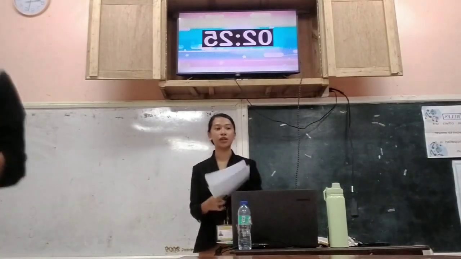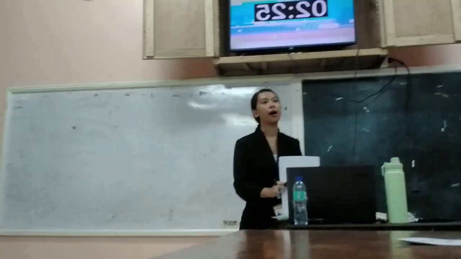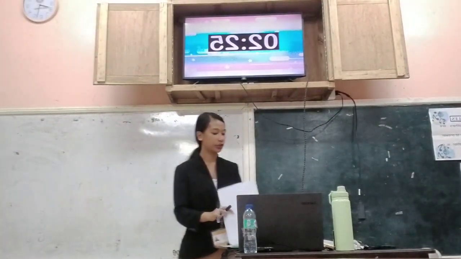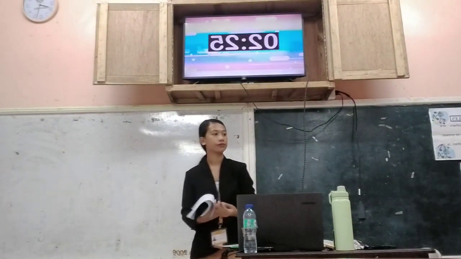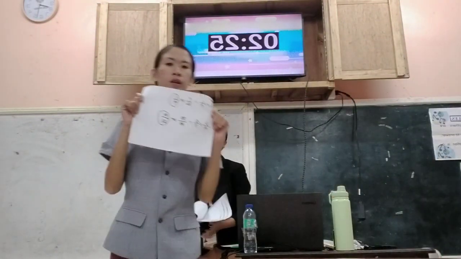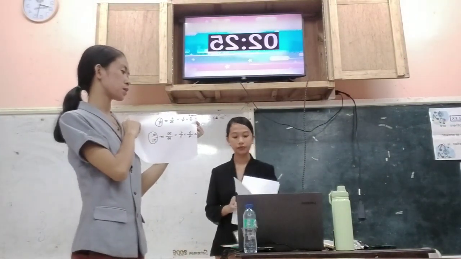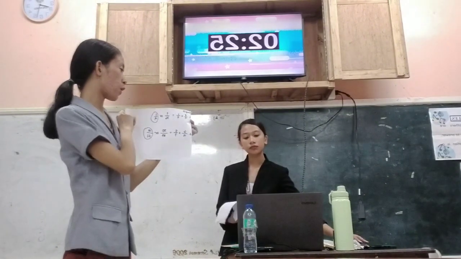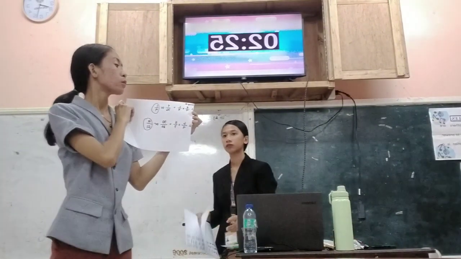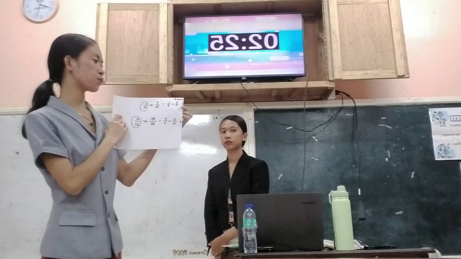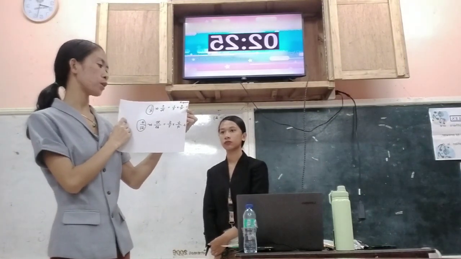Okay, very good. So group 2, please give Ariel. Multiply the numerator and the denominator. 4 times 1 equals 4, and 9 times 4 equals 36.